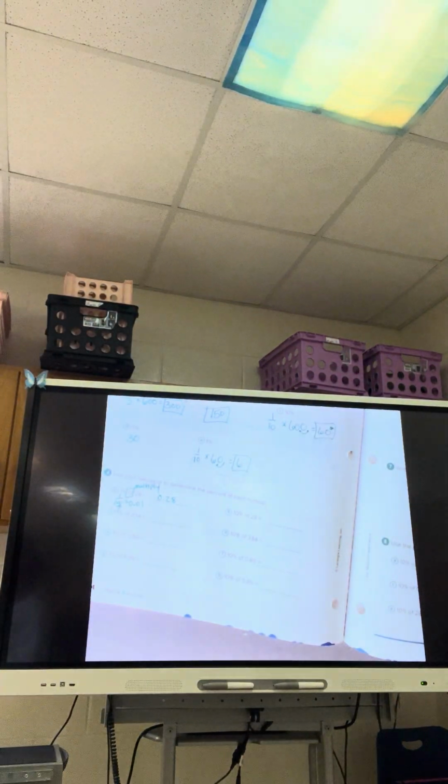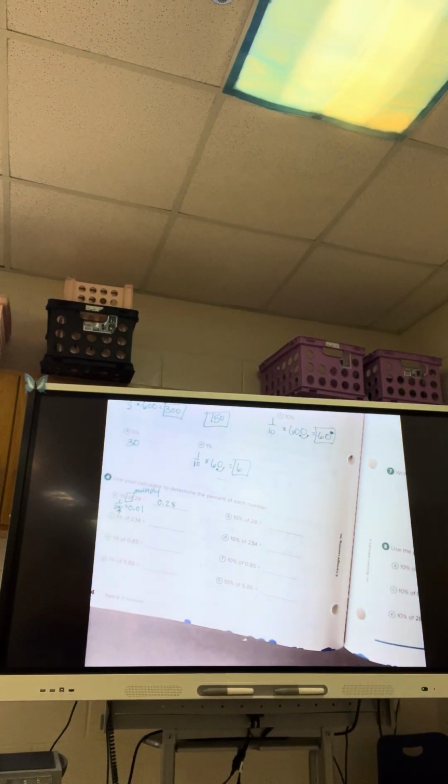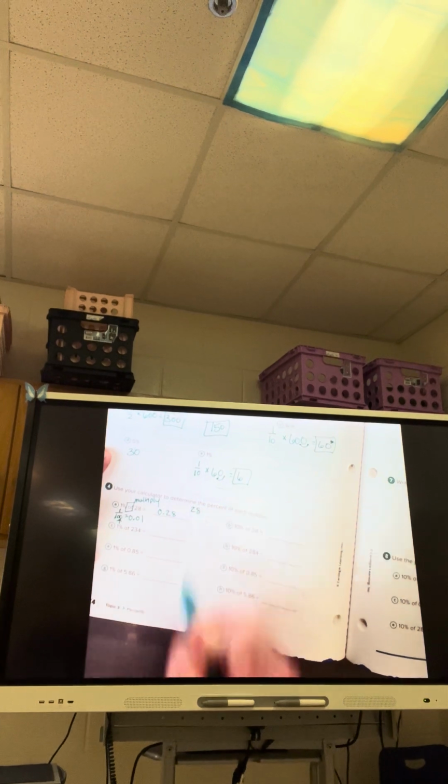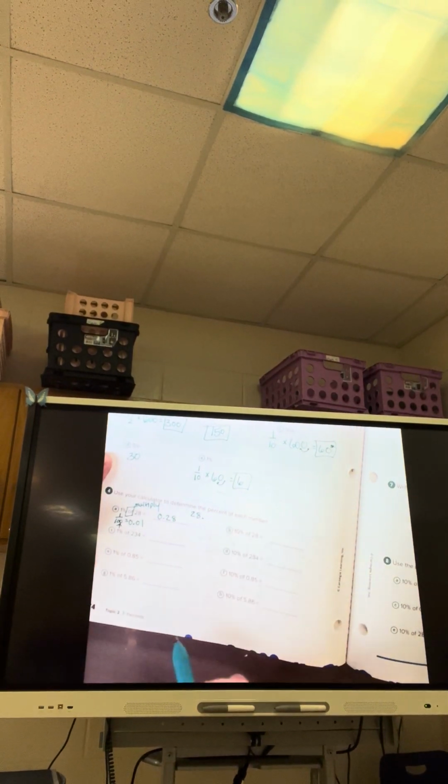And honestly, you should know that 1% is 1/100. That is 2 powers of 10. So if I have the number 28 and I am multiplying by 2 powers of 10, which is 1/100th, my decimal will be moving to the left because it's less than 1. There's 28, there's my decimal.